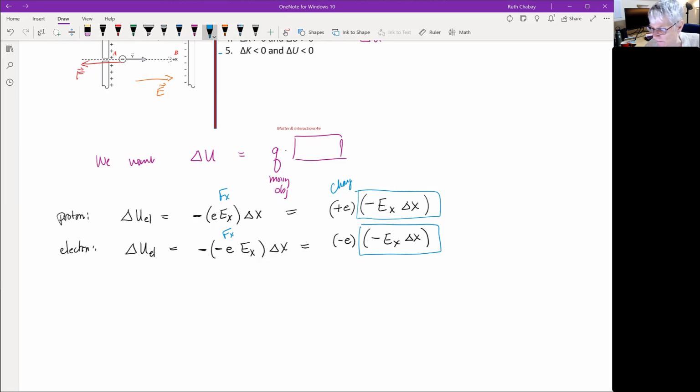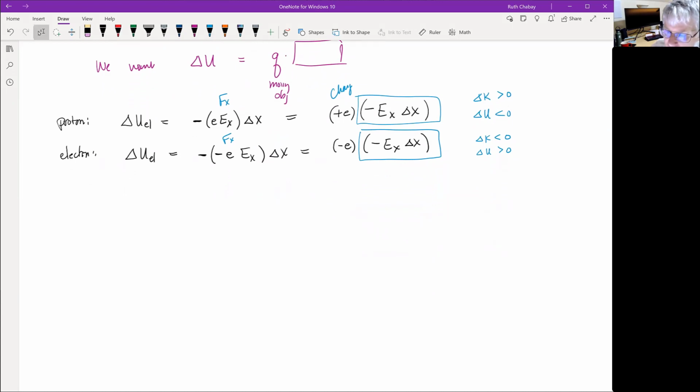For the proton, it was speeding up, so delta K of the proton was greater than 0, so the change in electric potential energy was less than 0. For the electron, it was slowing down, so delta K was less than 0. We should get a positive number for delta U, which we do. So it all comes out right.